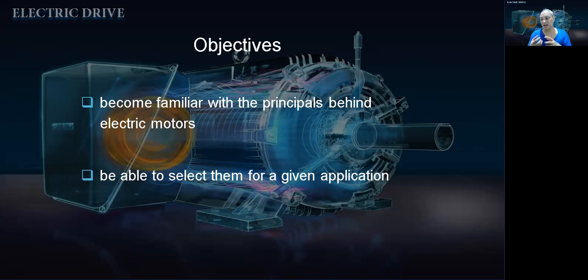Hopefully after studying this subject, you know what the case is, what the control variable is, and what type of motor is suitable for that application. And as soon as you are able to do that, and later assemble them for implementation, then the objective is achieved.